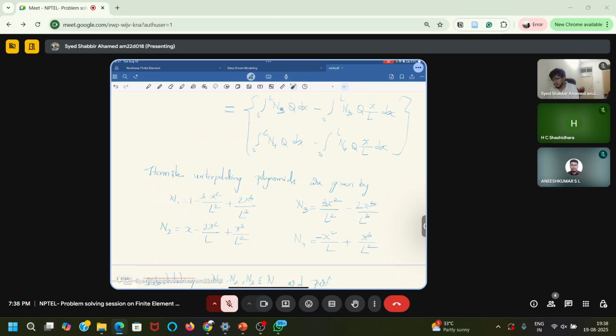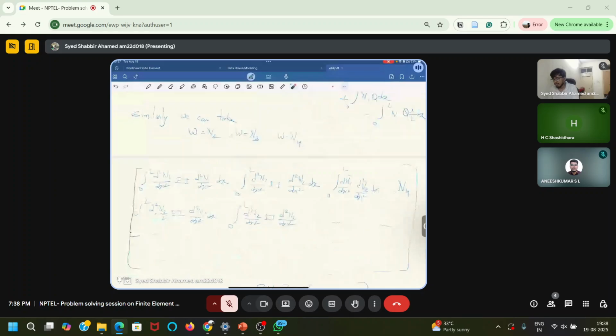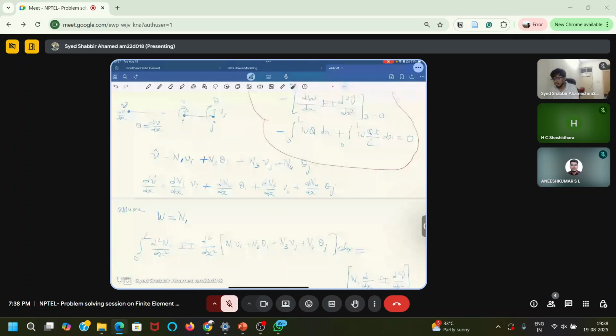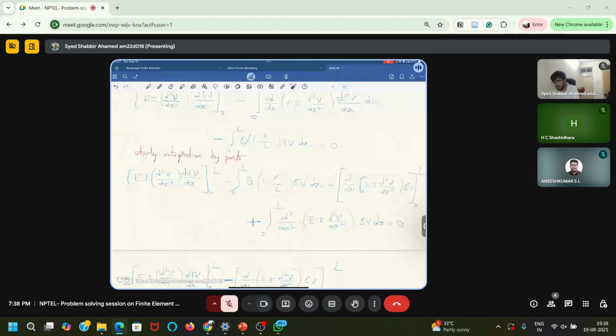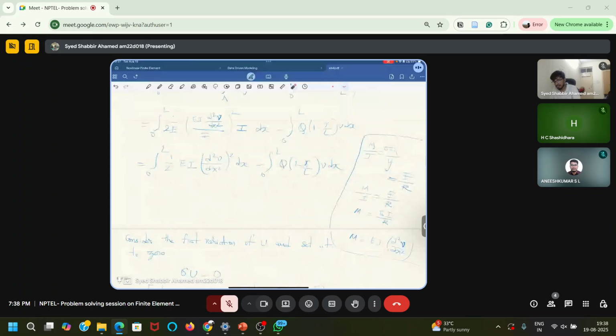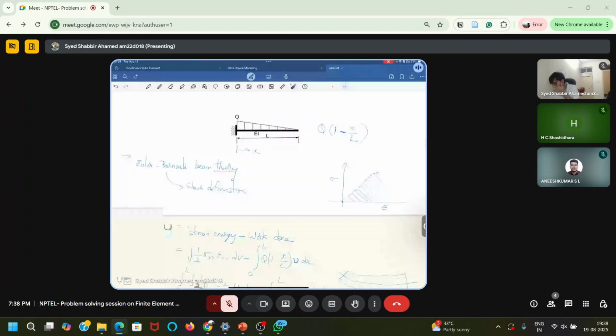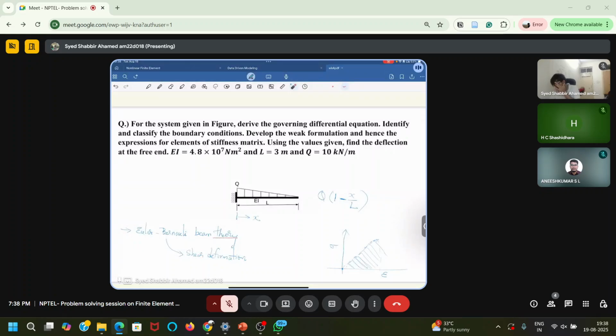So this is how we will solve this beam using the finite element method. We had a cantilever beam with a uniformly varying load, and we had to solve this to determine the deflection at the free end. Of course, this is a very simple beam, and I can directly integrate and get the exact solution.